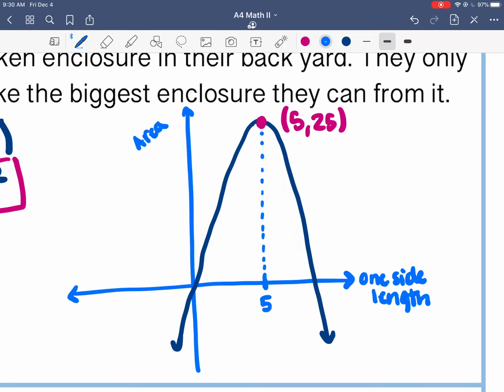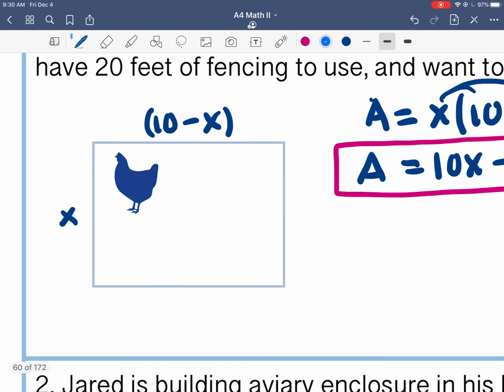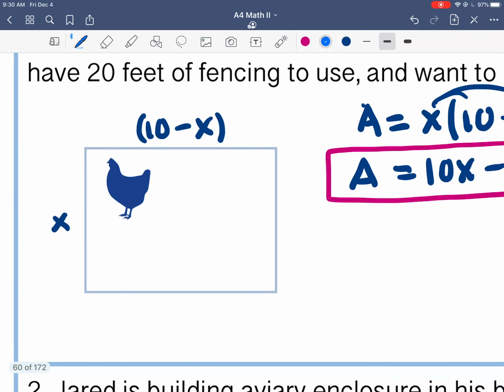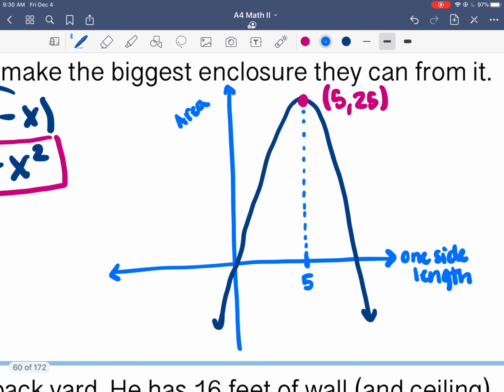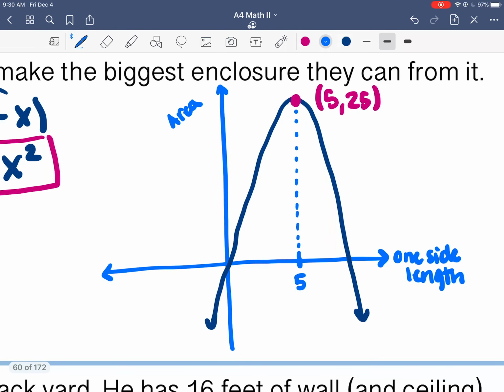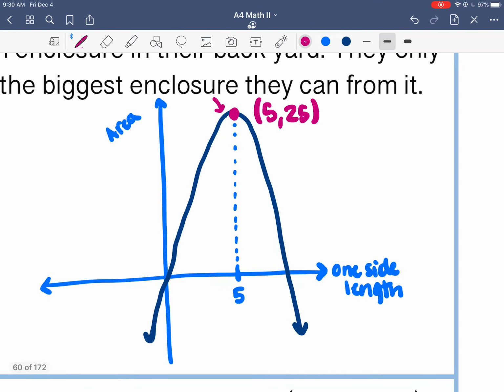Because the side lengths depend on each other, right? We have one side length that's x, and then the other one is just 10 minus that value. We only need to know one of the side lengths to figure out the other side length, which then gives us the area. So the maximum area happens when we have one of those side lengths as 5.